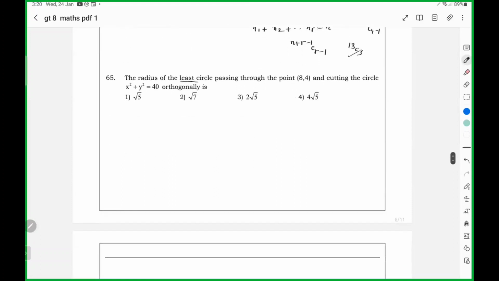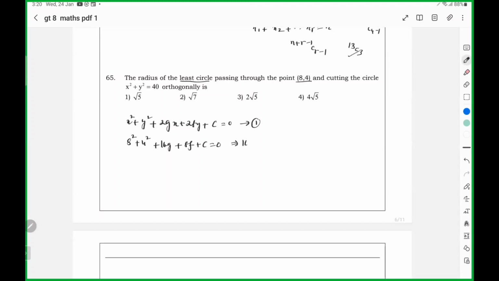The radius of least circle passing through the point and cutting the other circle. Least circle means radius is least, size means radius. Say this is the unknown circle whose radius you have to find. Passing through the point 8, whatever information is given, we should write.